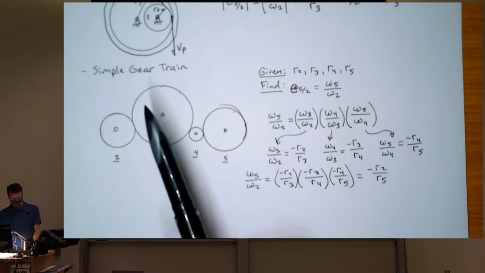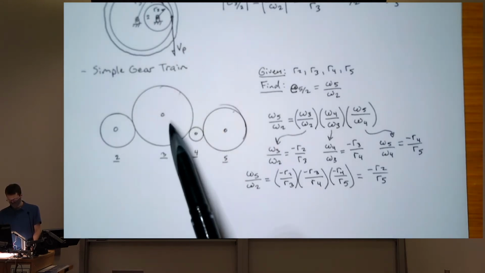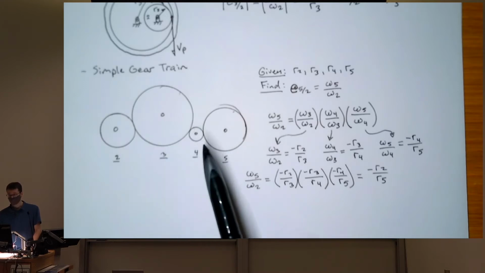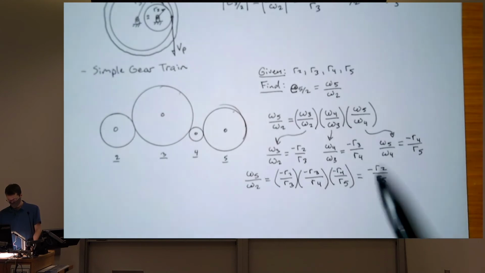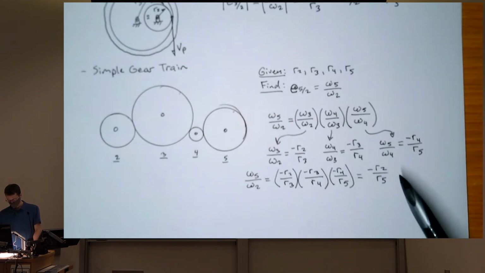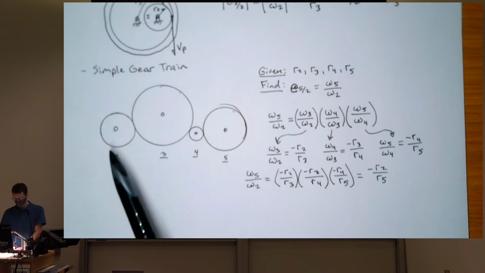All that matters in a simple gear train, and a simple gear train is when we have a bunch of parallel shafts like this, and each gear is on its own shaft, is just the radius of the input over the radius of the output. Done. And in terms of finding the direction, you just count up the number of pairs.